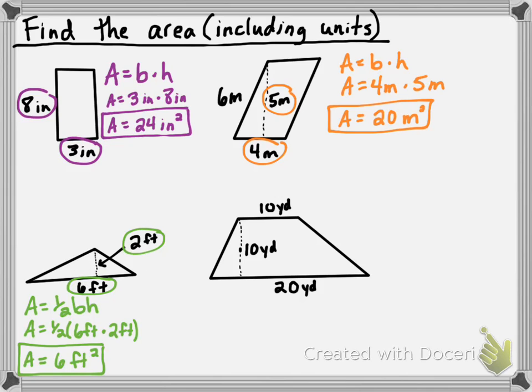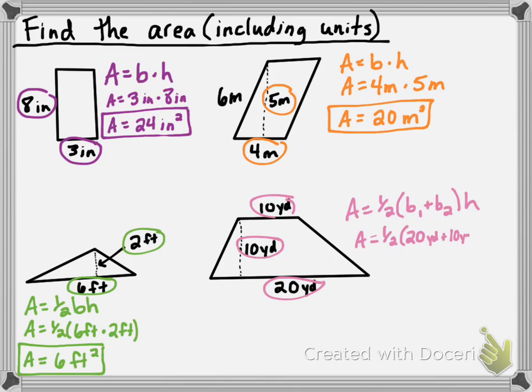Alright, then last one, the trapezoid, is area equals 1/2 base 1 plus base 2 times the height. So that's 1/2 of 20 yards plus 10 yards times 10 yards.